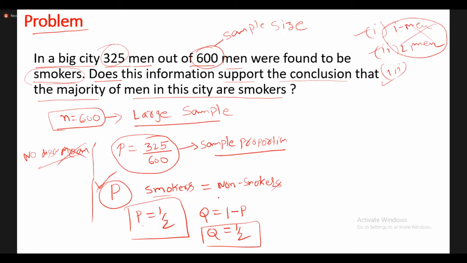Now this is the given data. Have all of you understood? Up to this point, if you have any doubt, you can ask and I will clear it. First, observe the data and identify whether it is a large sample or a small sample. After that, see whether they are discussing the mean or proportions. I hope all of you understood.